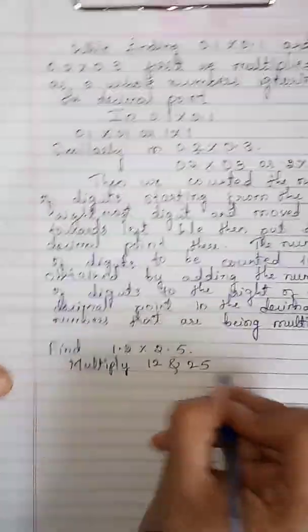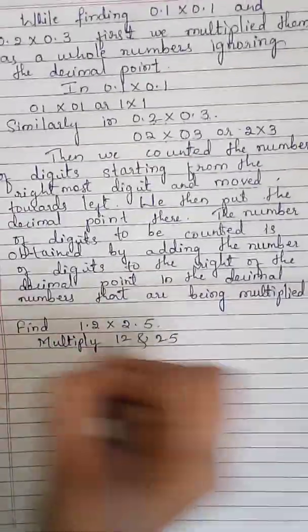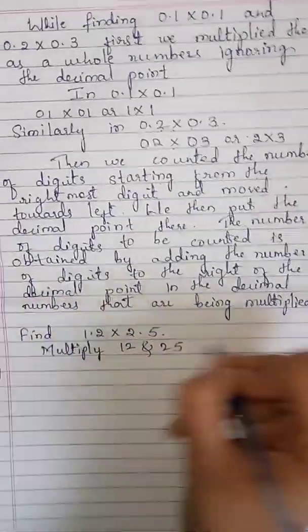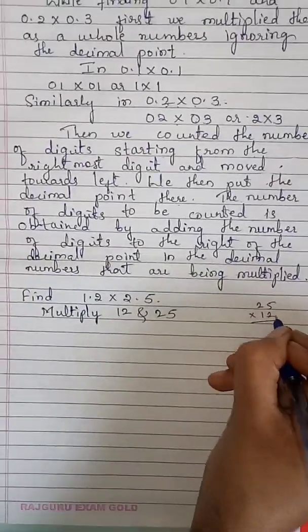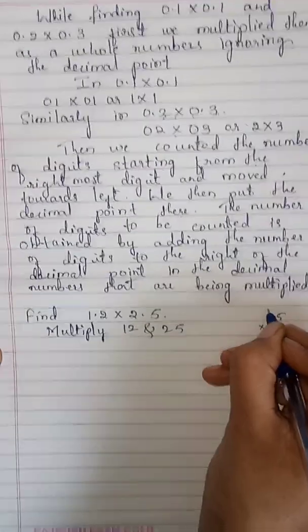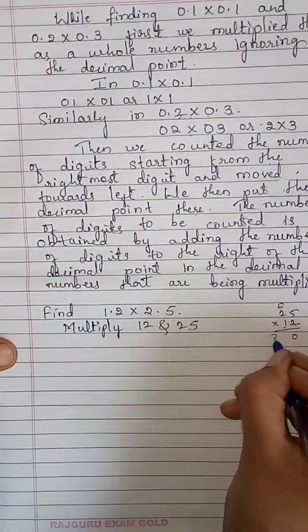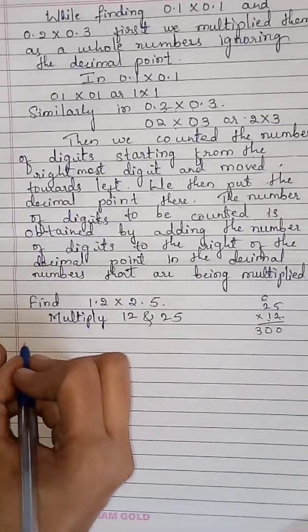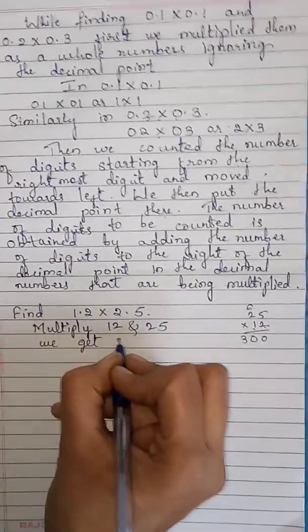By multiplying 12 and 25 you will get 25 into 12. You multiply first here, 12 5s are 60, 12 2s are 24, plus 6 that is 30, you will get 300.